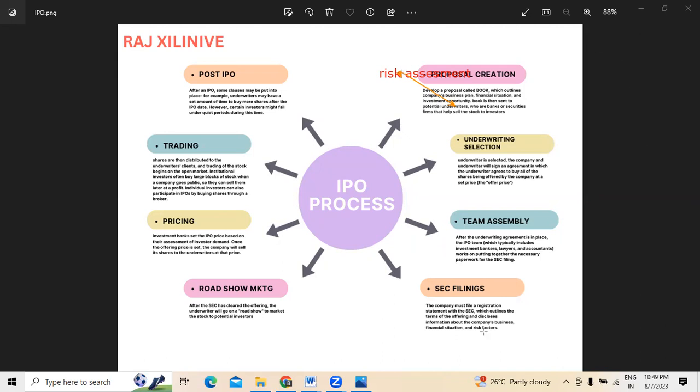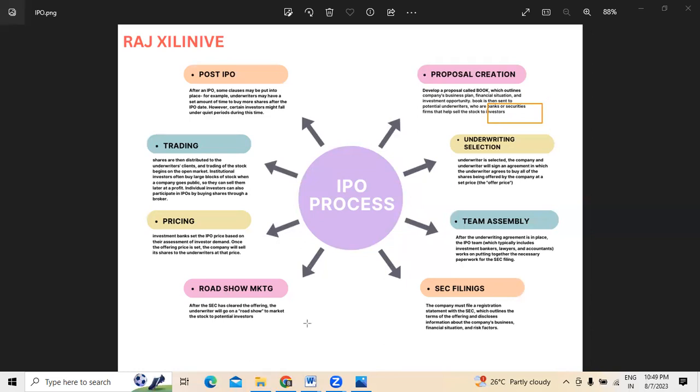Once the proposal is submitted and sent to the potential underwriters, they will do the risk assessments. From there, this is where the real investment banking work continues. Banks want some people to manage all this.